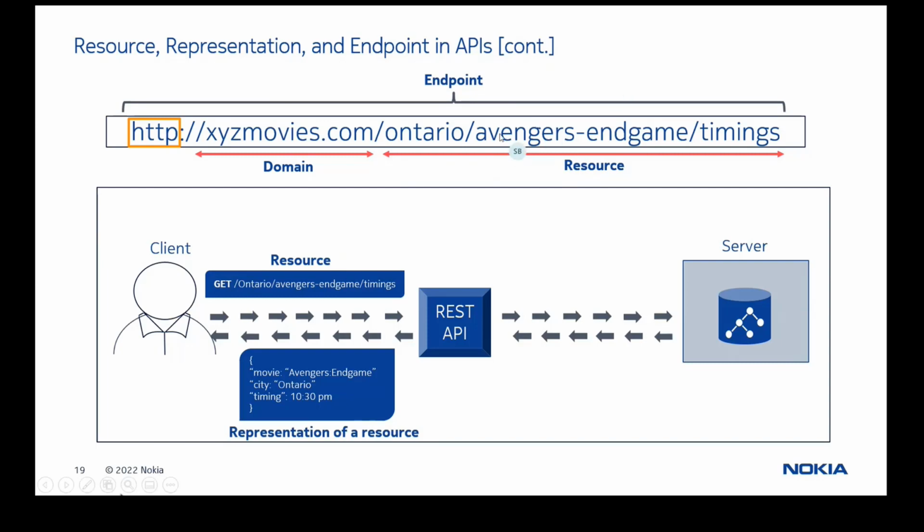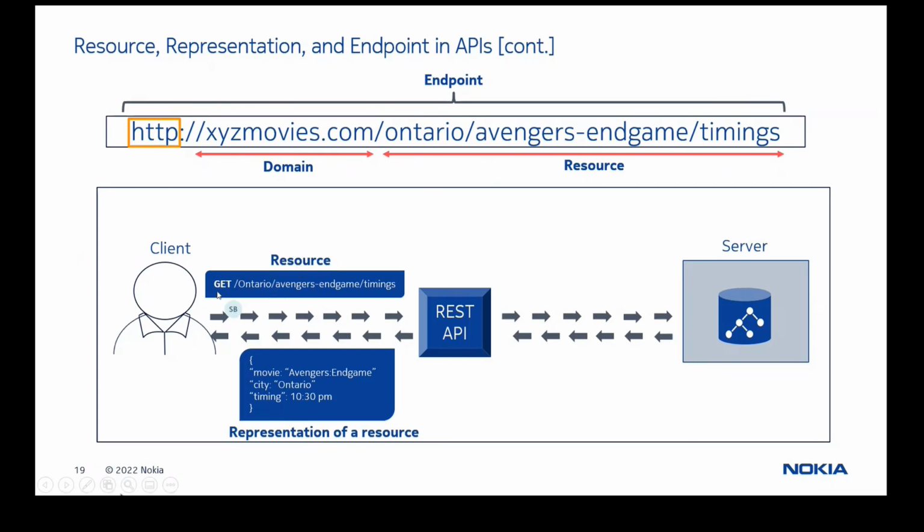So then you're going to see maybe something that says alarms and then slash, and then you're going to see the actual alarm ID, for example, if you want to get that one alarm. So again, this will become more clear once I get into running in the demo, when I start running some of the API calls.